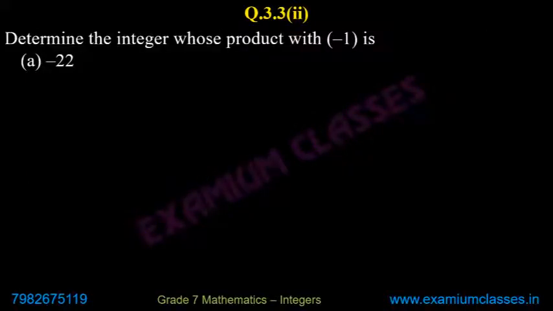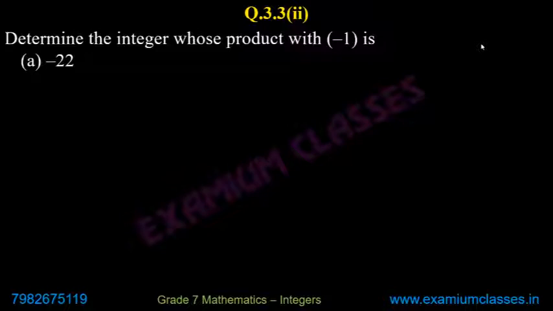Next, determine the integer whose product with minus 1 is minus 22. Easy question, still students make mistakes. Ashok, Siddhi, yes. Ina, yes.